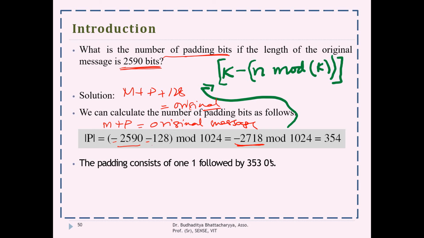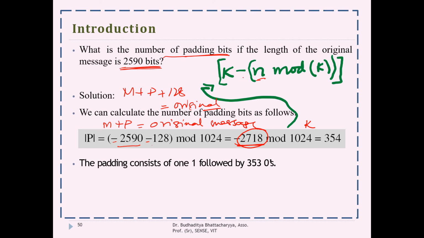But in this particular configuration, the generic rule is, because here it is 1024, please note down this formula. It is k minus (n mod k), where k is 1024 and n is 2718 without the sign.